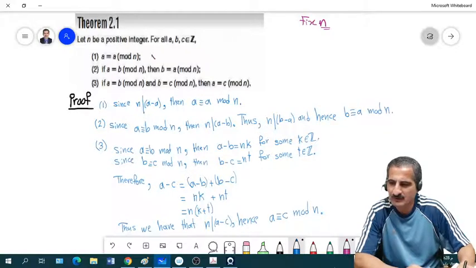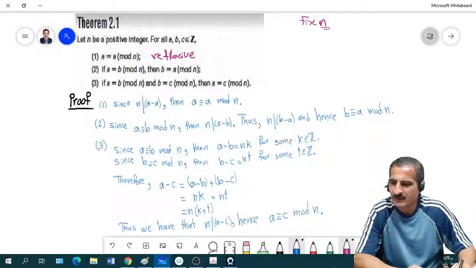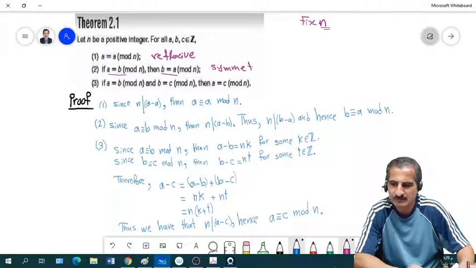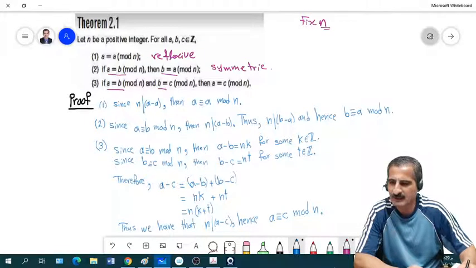So this property we call reflexive. Now if a is congruent to b, then b is congruent to a modulo n, and we call this symmetric. Here, if a is congruent to b modulo n and b is congruent to c, then a is congruent to c, and this is called transitive.